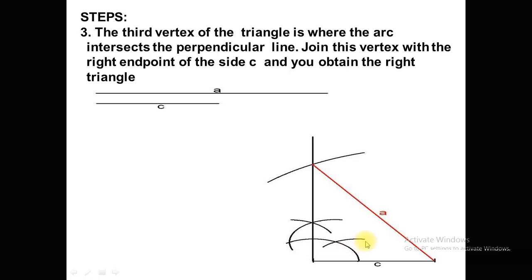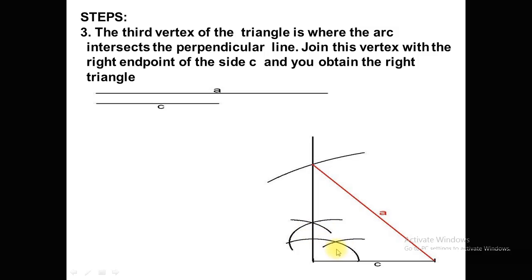And now dear students, note that for the construction of a right angle triangle, as I have already told you, we have three items. One is the 90 degree angle, this term will be given. The length of the hypotenuse is known, and the length of the other leg is known. So the length of the other leg is considered as a base, and then construct a 90-degree angle at this point or at this point.